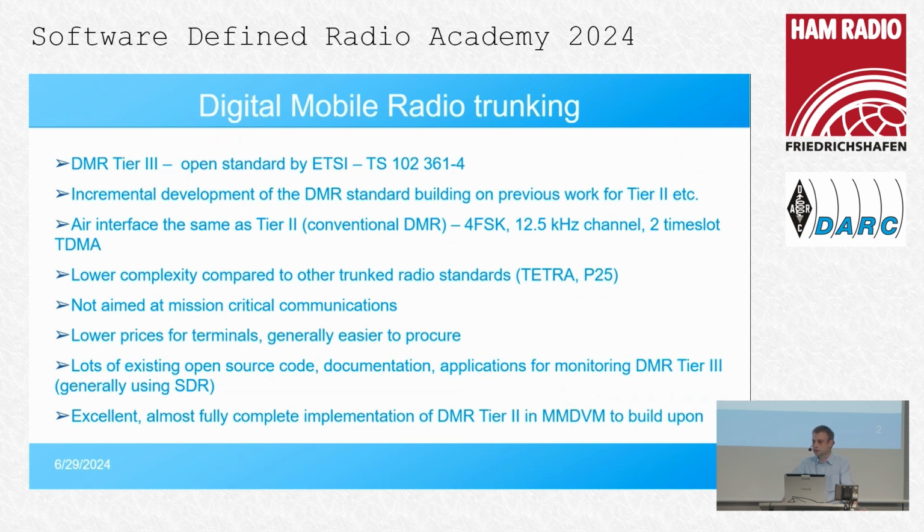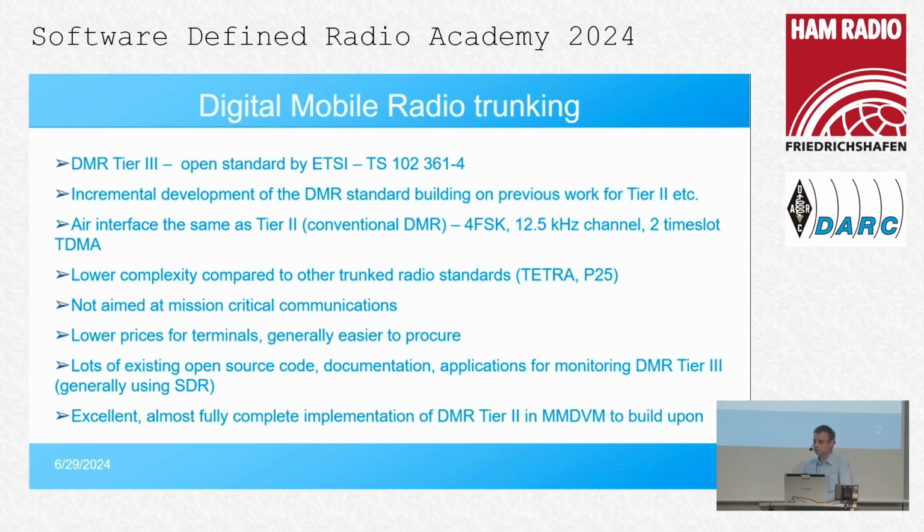That is because this standard is not aimed at mission-critical communications. So it will have lower prices for the radio terminals, and these terminals are generally easier to procure on the market.